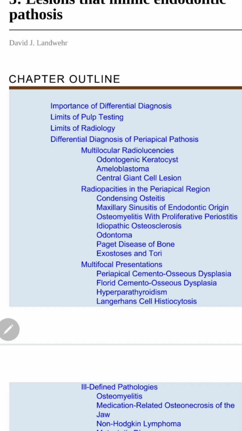So we will talk about how to diagnose and how to know when to leave them and not do anything, and when surgery is recommended, and where the problem can be solved by removing the irritant, whether it is by an endodontic procedure or with extraction. So let's dive in.